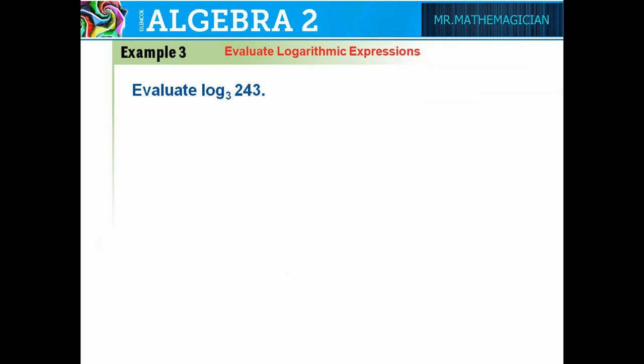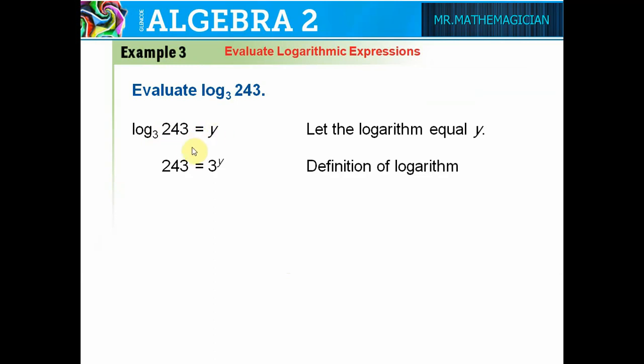Another example, evaluate log 243 base 3. First, we will assume that log 243 base 3 equals y. Then we change it into exponential. You know that 3 is the base and y is the power. So 3 to the power of y equals 243.